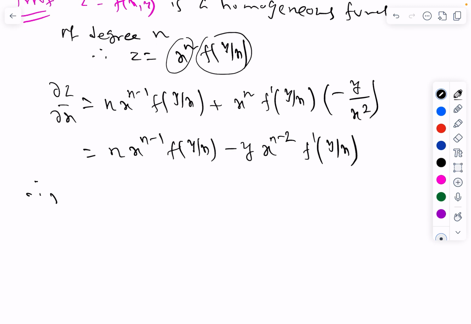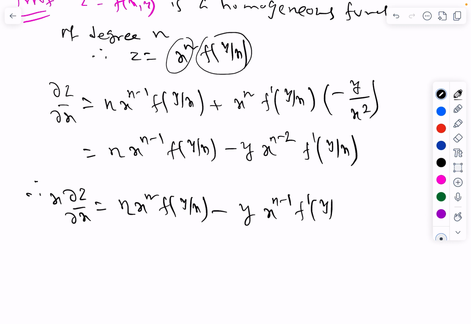If you multiply with x, that is x times del z by del x, so that is n x power n f of y by x minus y x power n minus 1 f dash y by x. We call this number 1.